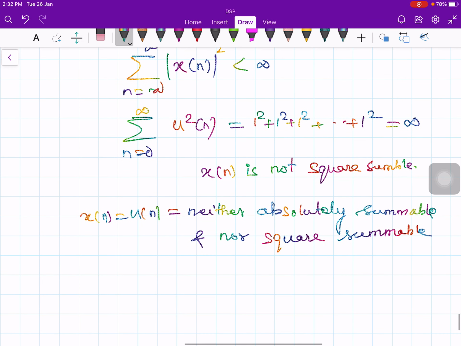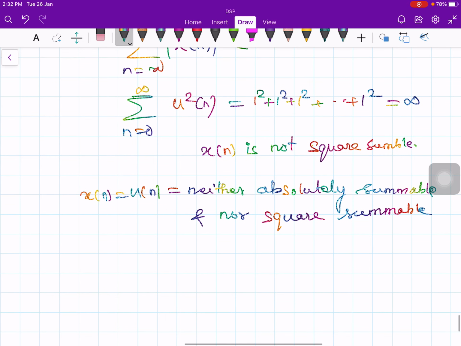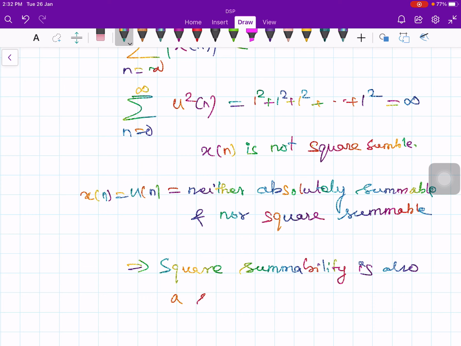So in other words, square summability is also a sufficient condition in order for the DTFT to exist.